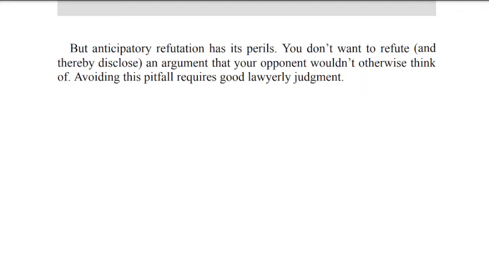You don't want to give away a difficult argument, but you don't want to be reluctant to confront obvious arguments. Okay, so again, being even-handed and appearing trustworthy doesn't require you to dig so deep as to argue for your opponent, I think is what he's getting at. The anticipatory refutation should be limited to obvious counter-arguments that would be posed by your opponent.